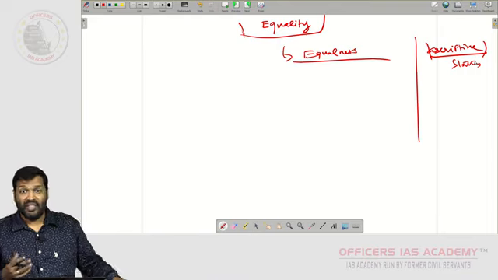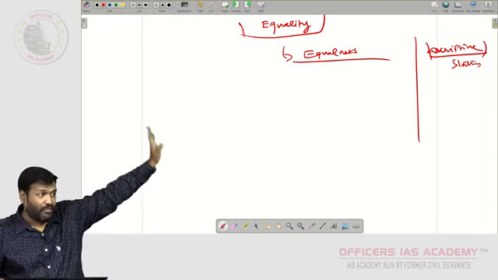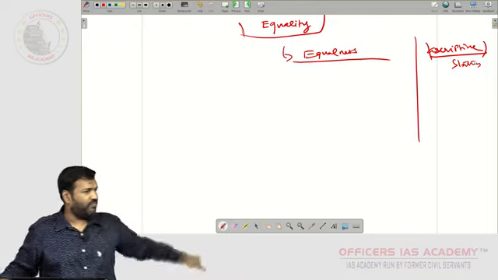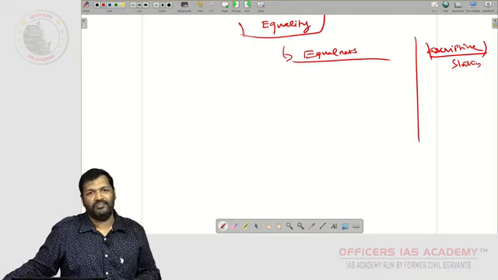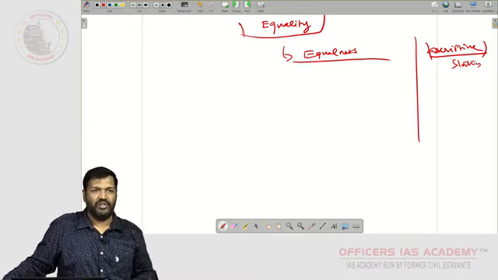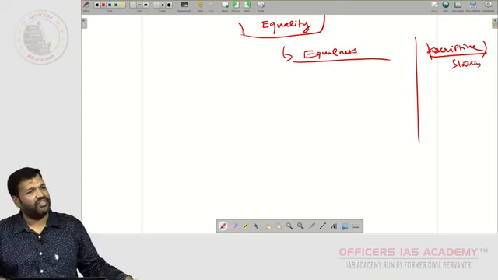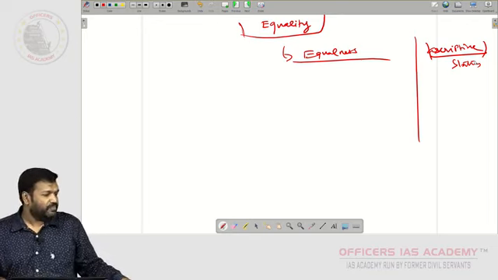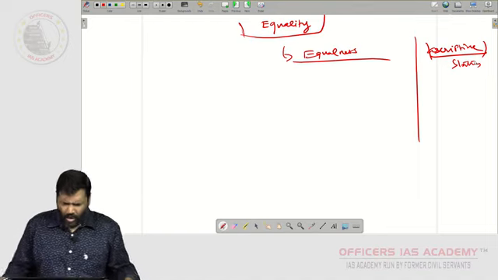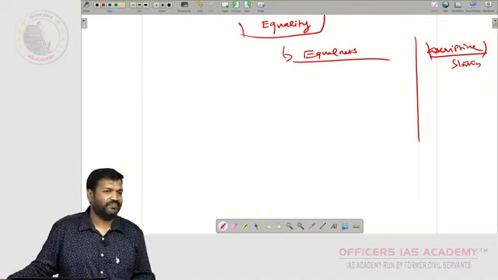They had been oppressed in the name of God most of the time. Divine right theory, European tradition, divine right theory. What does this divine right theory say? God cannot be everywhere.